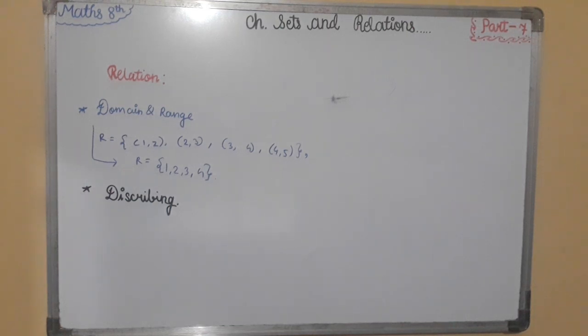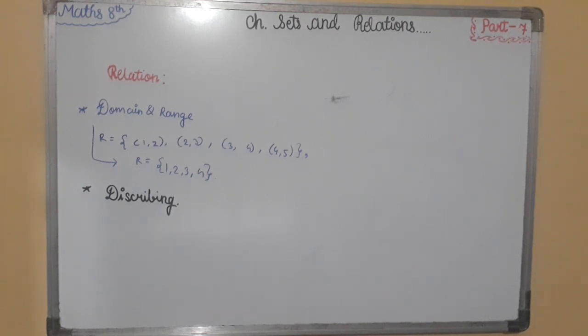First, roster form or list form. In this method of describing a relation, all the ordered pairs which satisfy the formula given in the relation are listed. Second, set builder form.